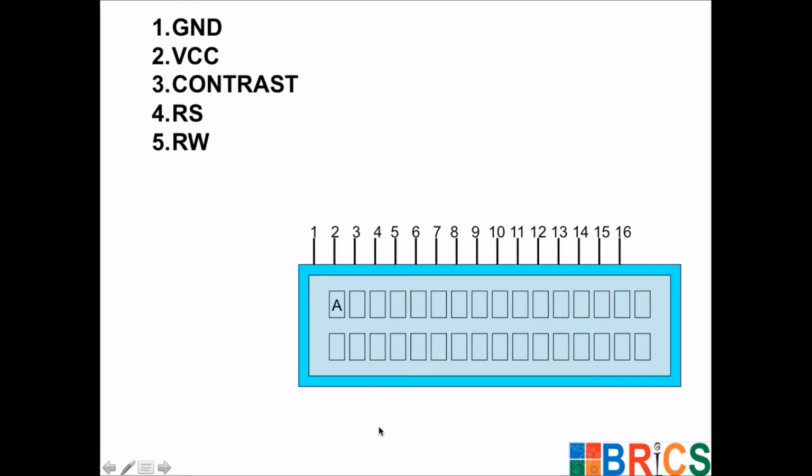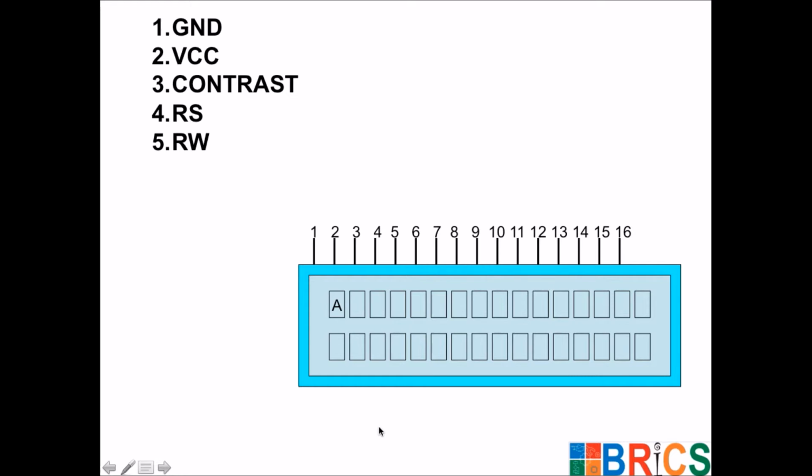Just to differentiate between read operation and write operation, we use pin number 5. When the value of this pin is 0, we can write some value on the display. We can send some number to the display. But when the value of this pin is high, it will be 1. In that case, we can read some data from the memory of the display.